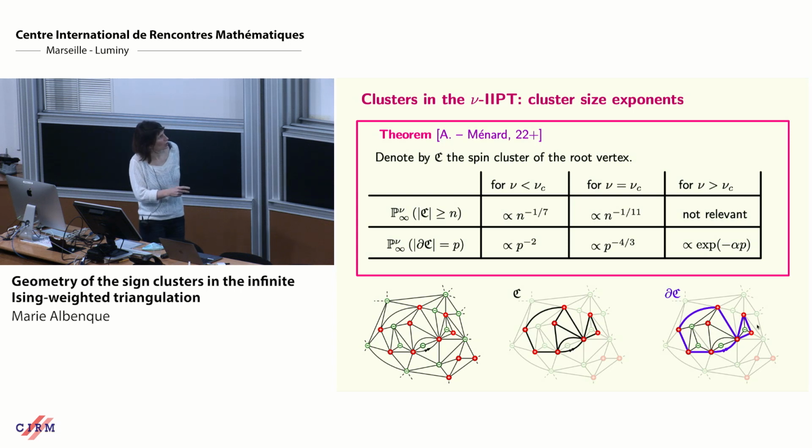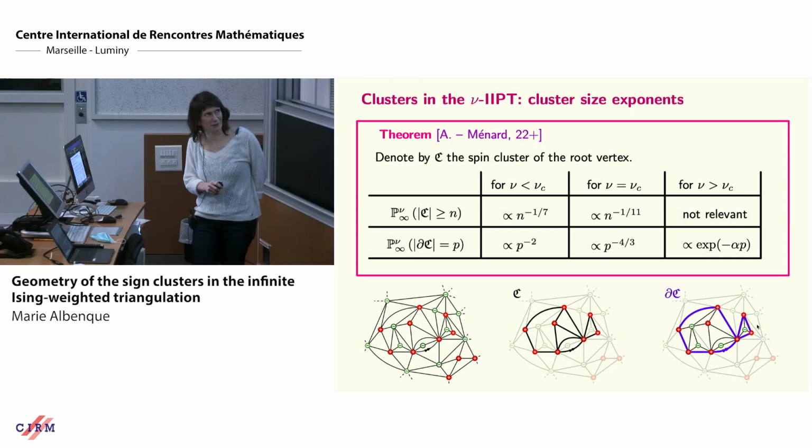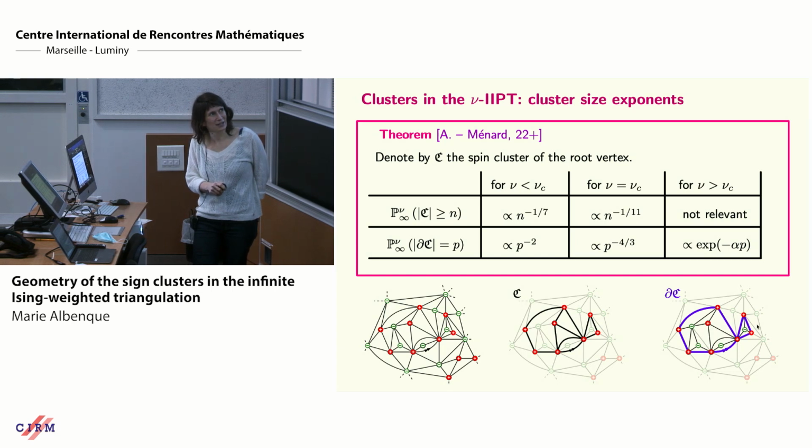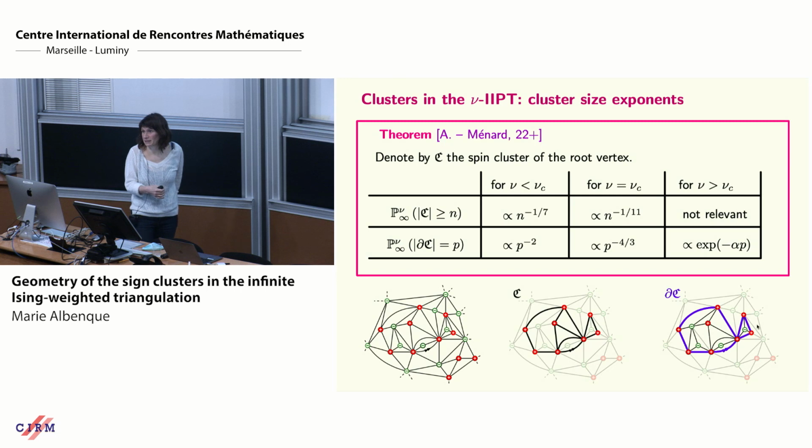So just to fix this, because I've been talking about the sign clusters for a while now, and I haven't defined it properly. If I have an Ising-weighted triangulation here, which is rooted at this edge, what I call the sign cluster is the connected component of the root vertex when restricted to monochromatic edges. This is the map here.